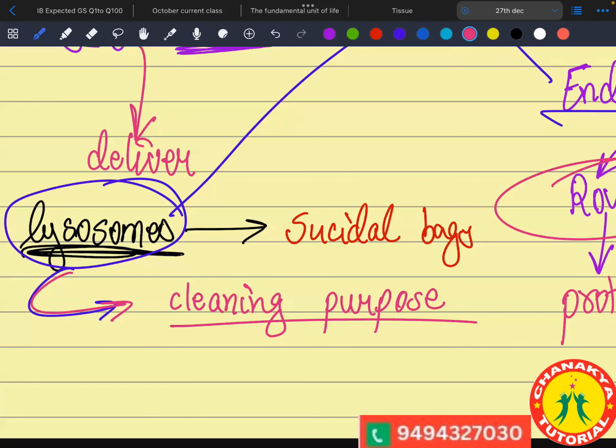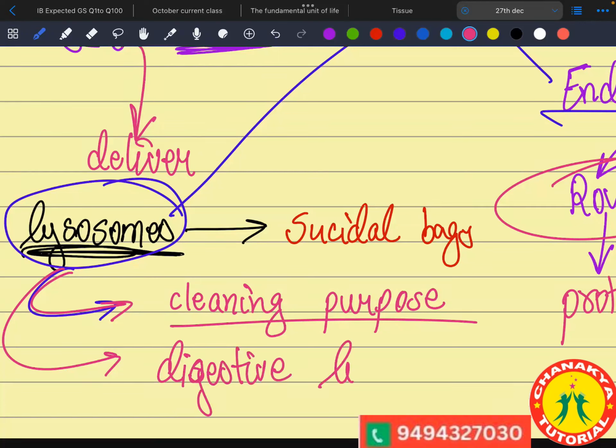If you are going to clean your home, will you take some kind of liquid with you to remove stains and extra waste deposited on the floor? Yes, sir. In the same way, lysosomes also carry digestive liquids, which contain enzymes.